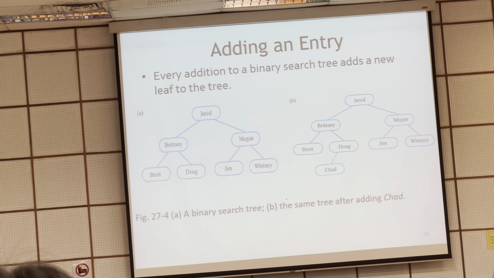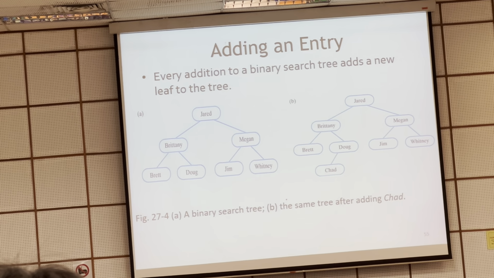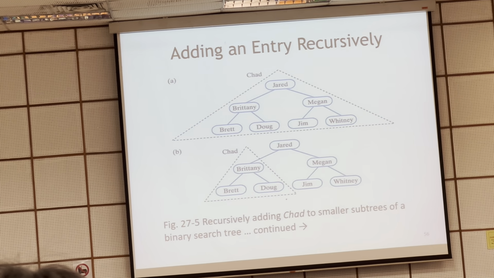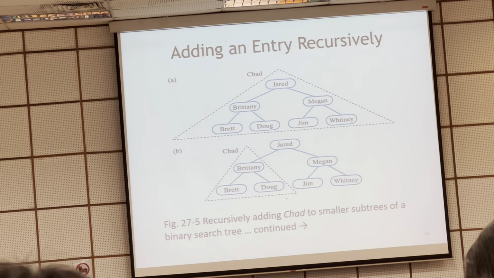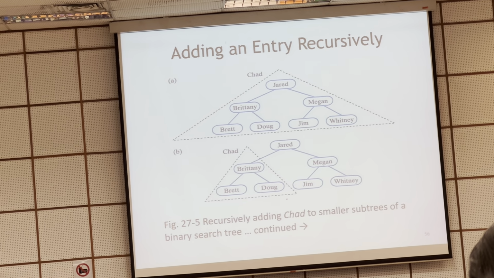Here, first let's add the element. You have this binary tree, Jared, as the root node. We want to add Chad. Chad starts with C. When we compare with our tree, starting from Jared, C is in front of J or after?